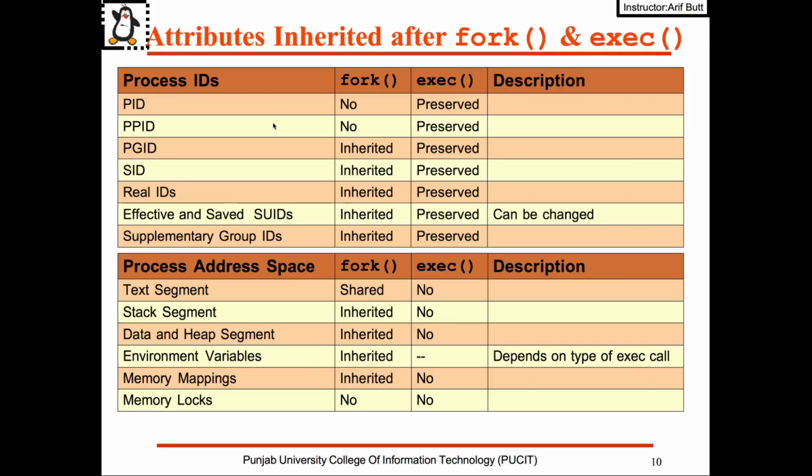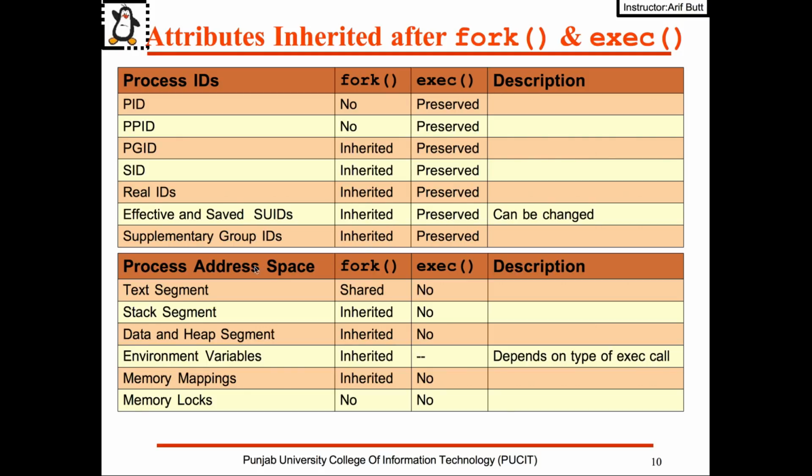However, other IDs like PGID, session ID, real, effective, and saved UIDs, they all are inherited from the parent to the child. You can see these are inherited after a fork. So as far as the exec is concerned, after a process does an exec, all these IDs are preserved. However, we can certainly change the effective and saved SUIDs. And I think we have talked about this in some previous session.